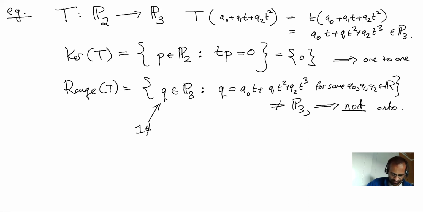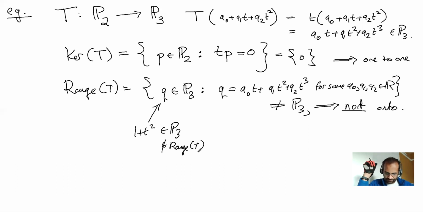That's a polynomial that's in P3, but it's not in the range, because another way to think about the range is it's all polynomials whose constant term is 0. So lots of polynomials, right? The polynomial 1 plus t squared is in P3, but not in the range of t. Does that answer the question? Yeah, thank you.